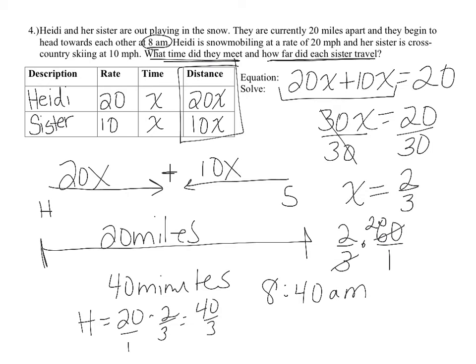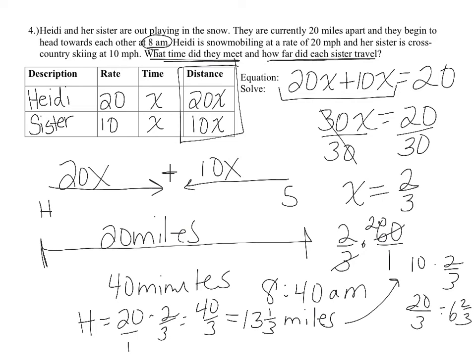And now we need to come up with a number for that. 3 goes into 40 13 times, with a third left over. 13 1/3 miles is how far Heidi traveled, and then her sister would be 10 times 2/3, which is 20/3, and 20/3 would be 6 2/3.